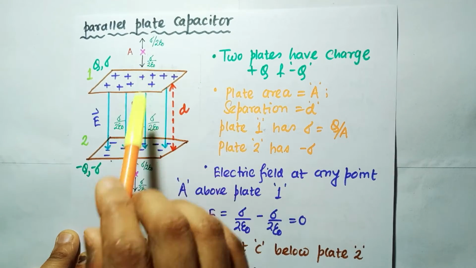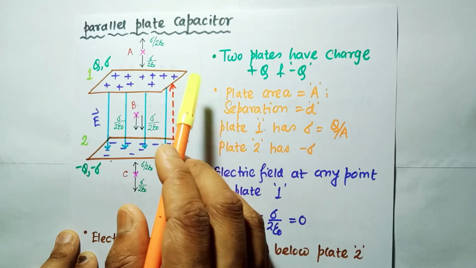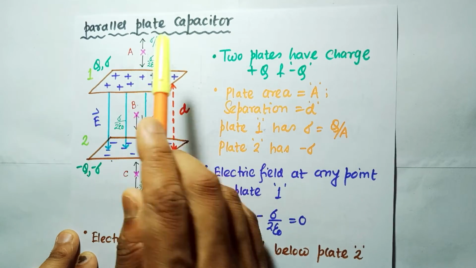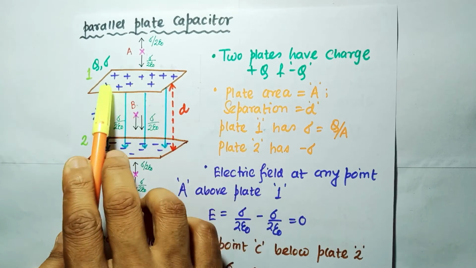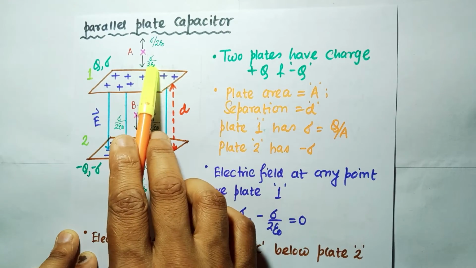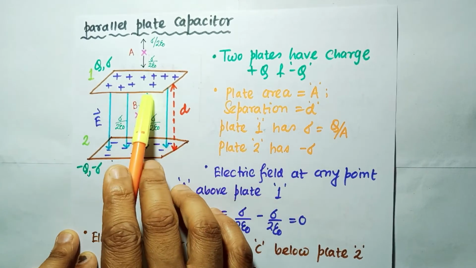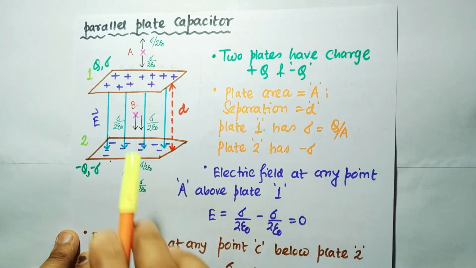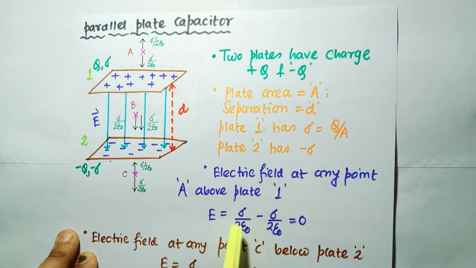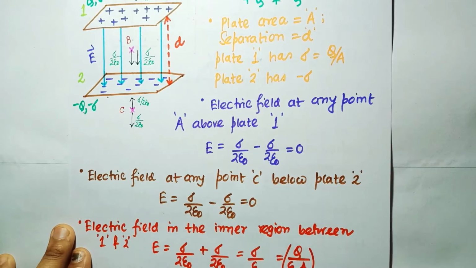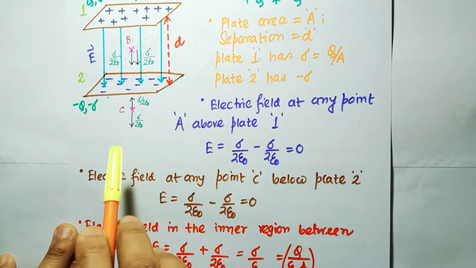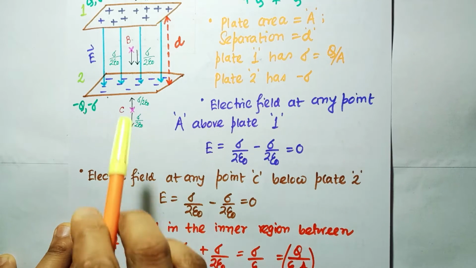We know that for an infinite plane the electric field is independent of r, the distance, so it is sigma by twice epsilon naught for plate 1 and sigma by twice epsilon naught for plate 2, but acting downward. So for the point A, the magnitude of the resulting electric field is 0.